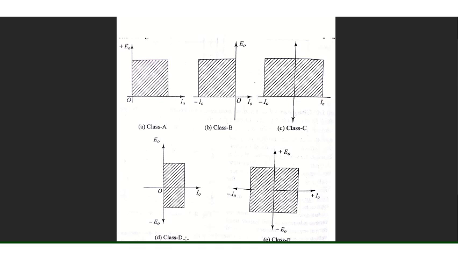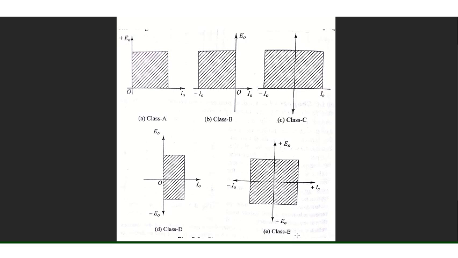These two are two quadrant choppers. The class E type of chopper is called four quadrant, where the output voltage and current both can be positive or negative. So based on the direction of the current and voltage, the choppers are classified into these five different categories.